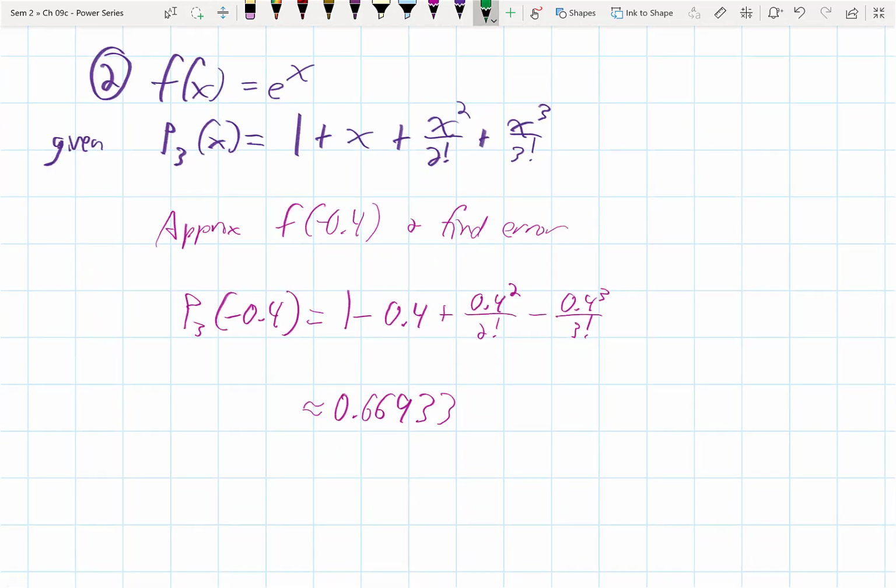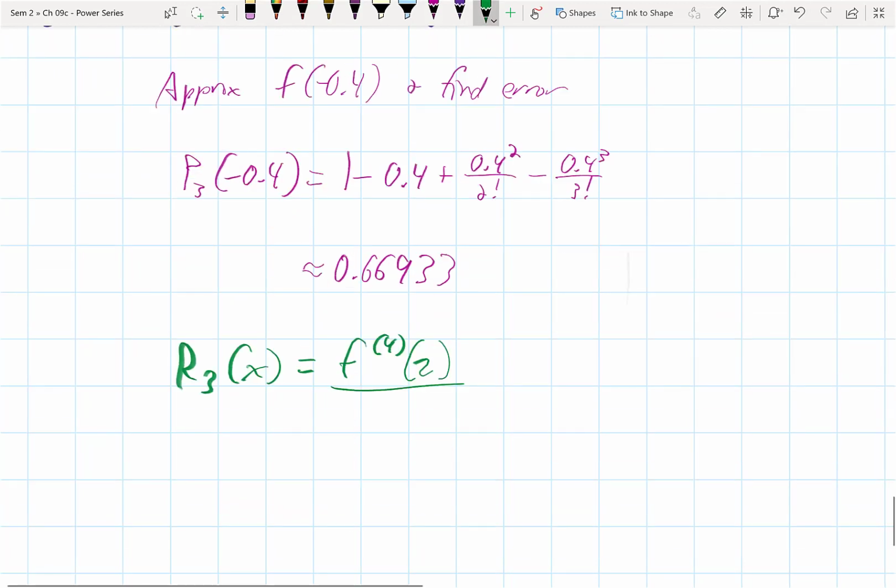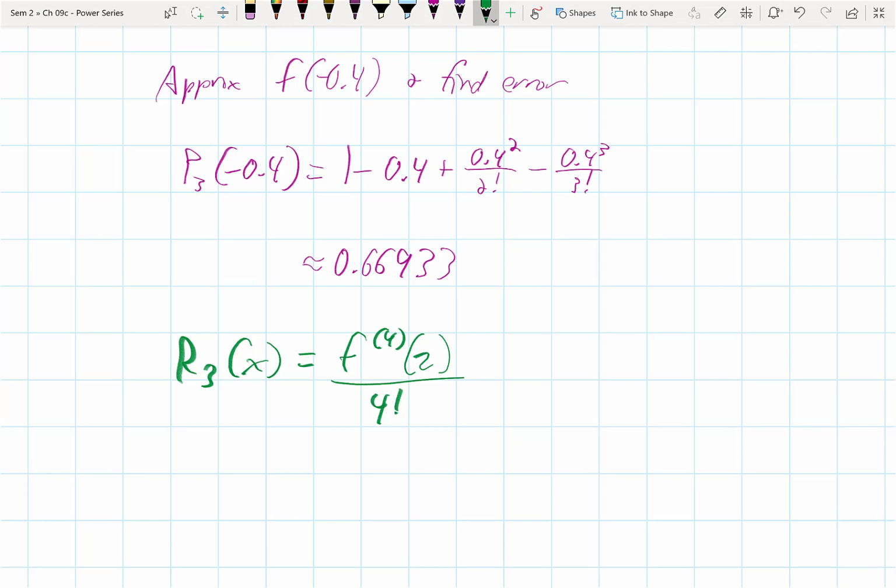Next, I need to say that the remainder, r sub 3 of x, has to be equal to the fourth derivative of some z value, divided by 4 factorial, times x to the fourth.